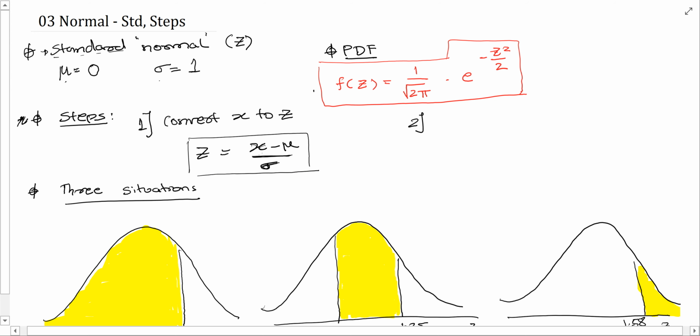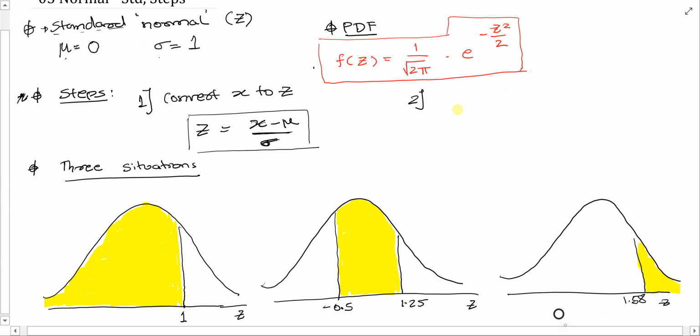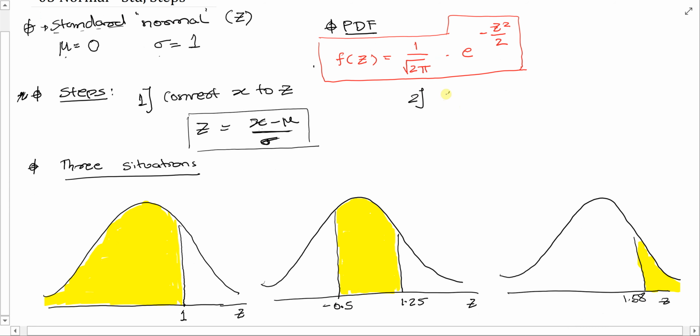The next step would be to get the probability of z using the table.